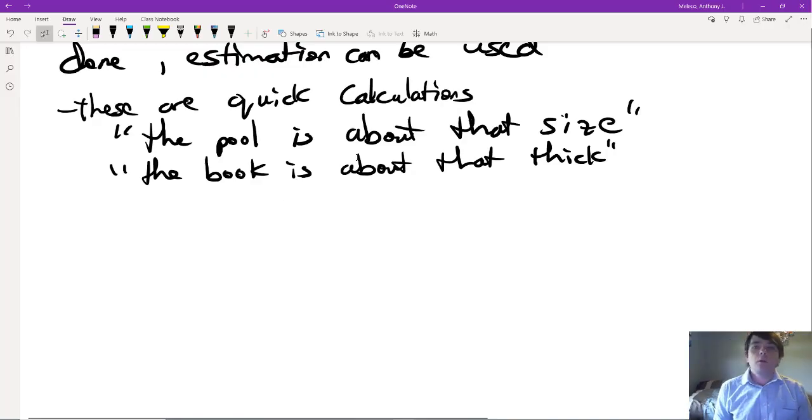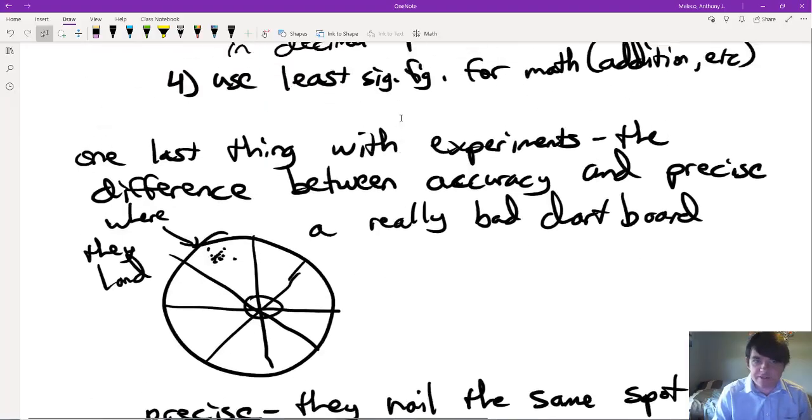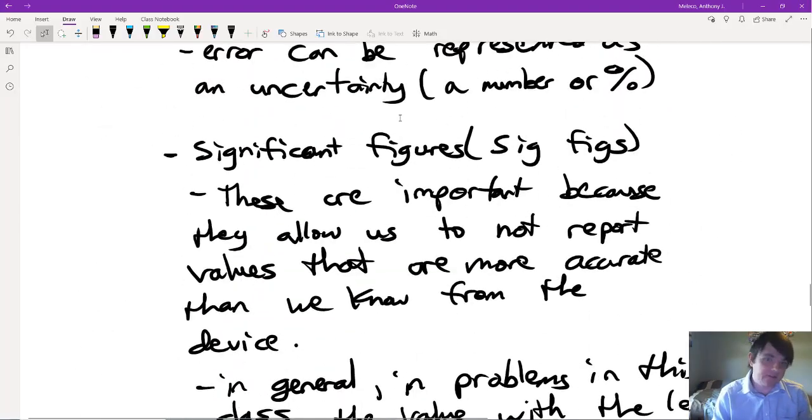So that's pretty much it with the intro stuff for physics. So we talked about what physics is, what it's used for. We talked about units, and we talked about estimation, accuracy, precise, and of course significant figures.